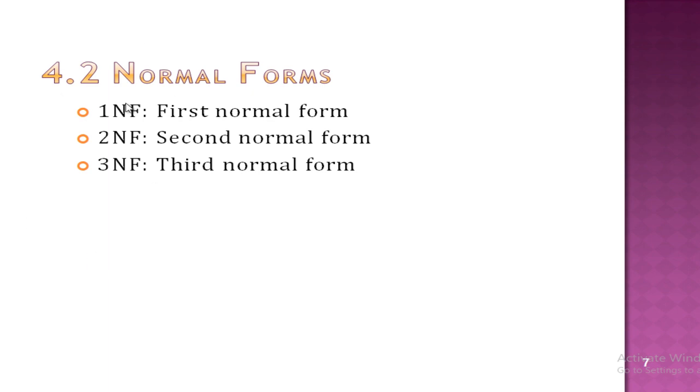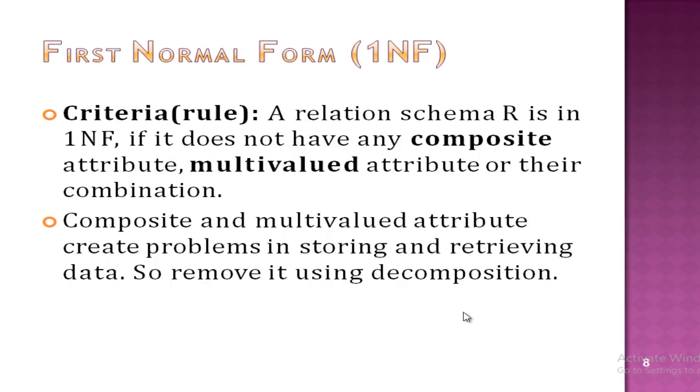So refer well. In the first normal form, you have to remember this criteria. A relation schema R is in first NF if it doesn't have any composite attribute or multi-value attribute combination, right? Composite and multi-value attributes create problems in storing and retrieving the data, so remove them using decomposition.